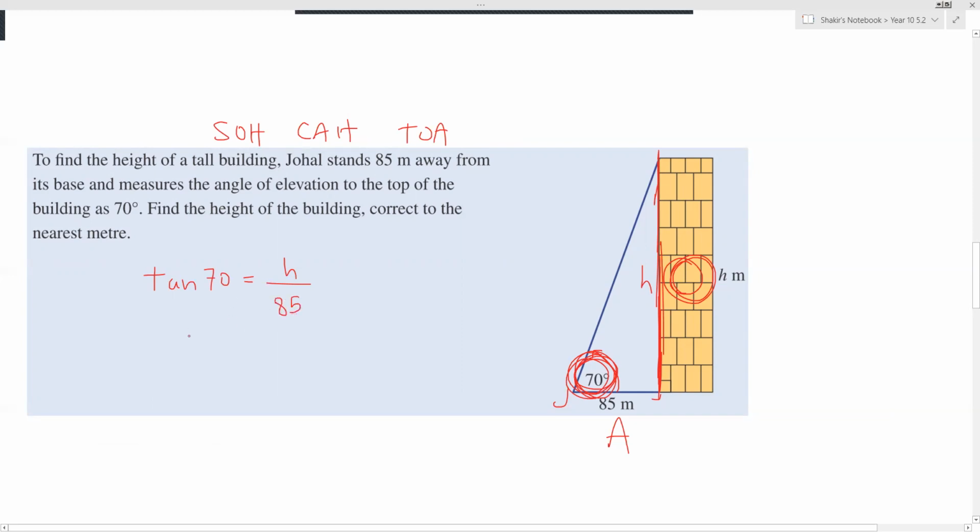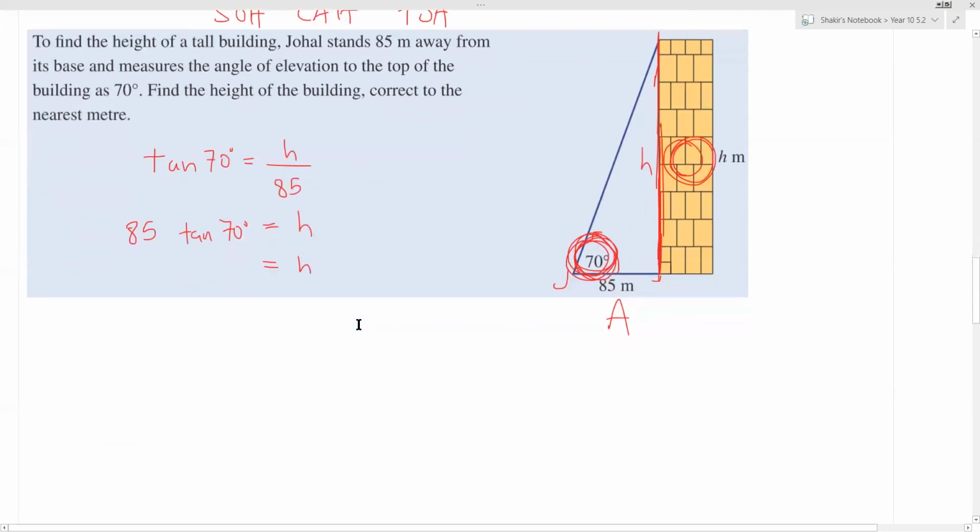Multiply both sides by 85. So you have 85 tan of 70 degrees is equal to h. You just put it on a calculator. You should know that by now. I'm just going to skip it so the video isn't so long.